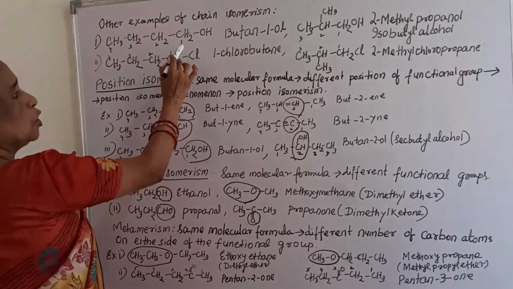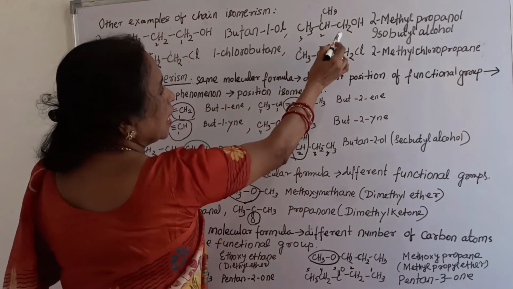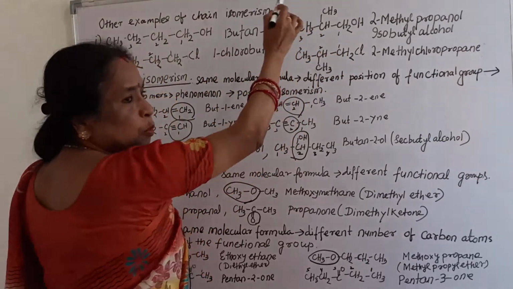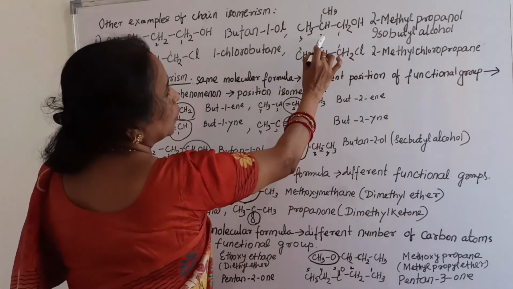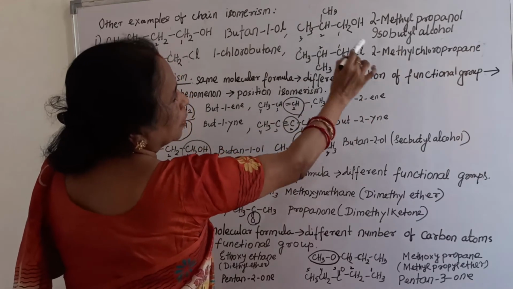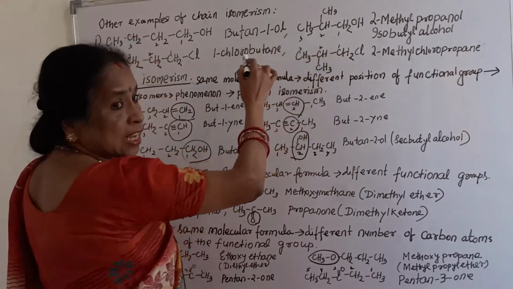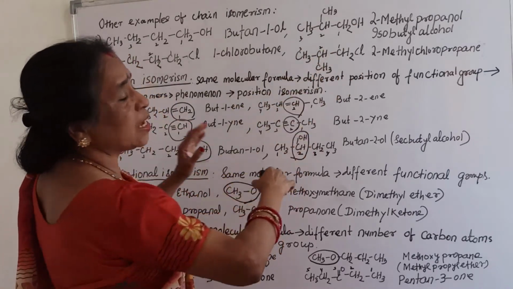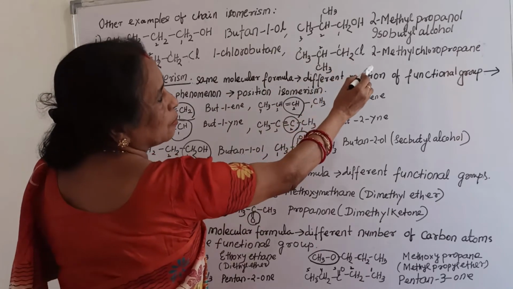Because in one position there is an OH group. And here 1, 2, 3, in 2 position there is a methyl group, and that is why the IUPAC name is 2-methyl propanol, because the long chain, that is 3 carbon having OH, that is why 2-methyl propanol. And what is the common name?